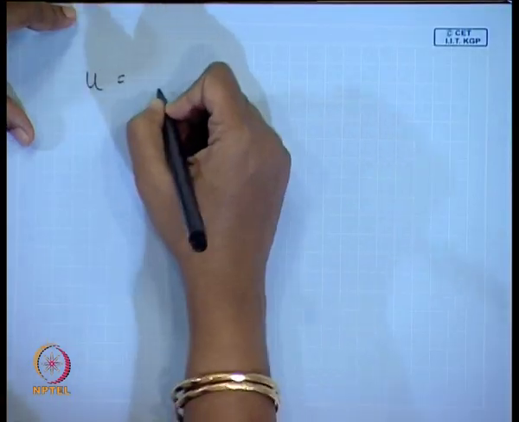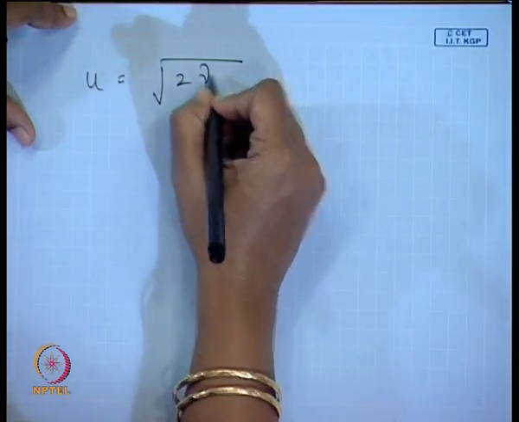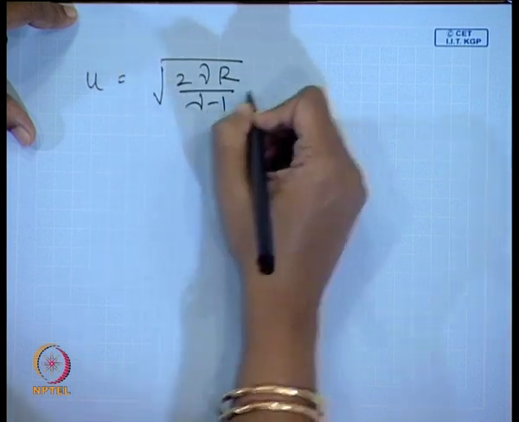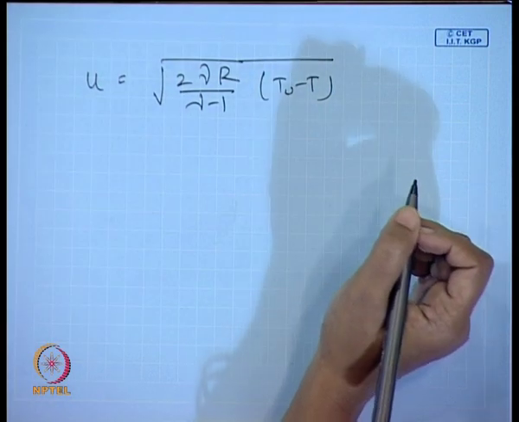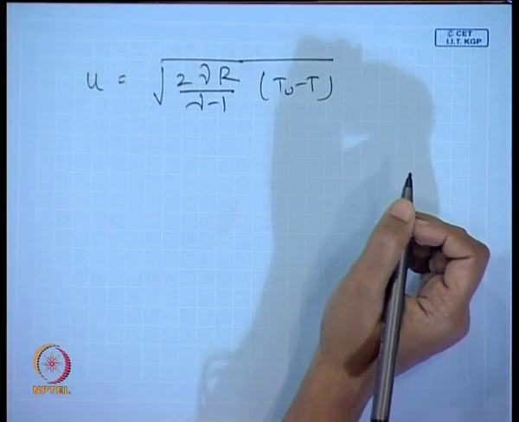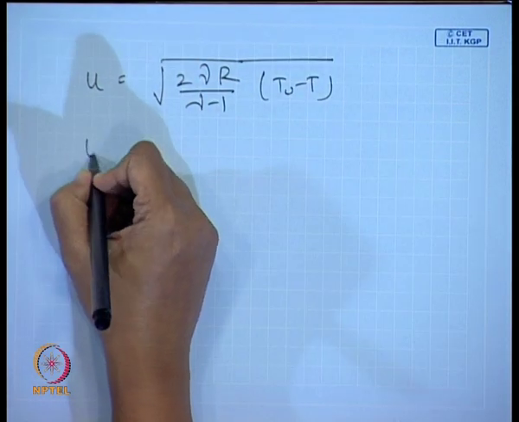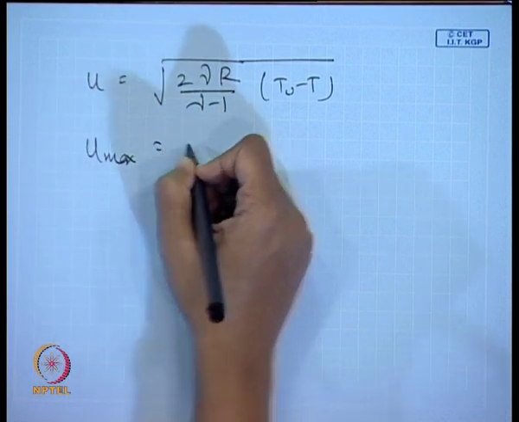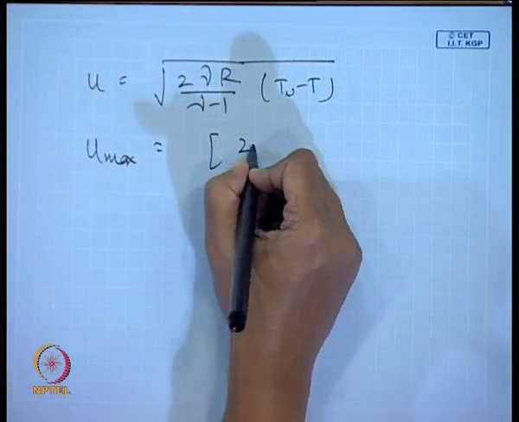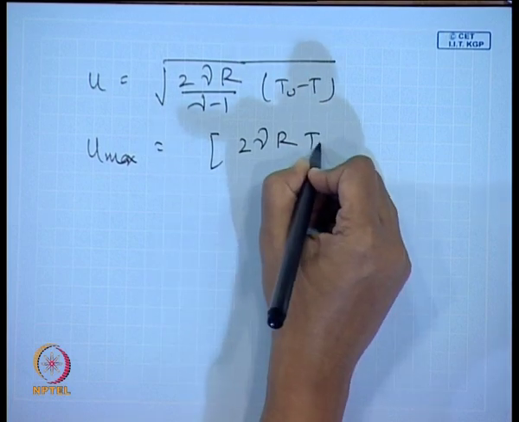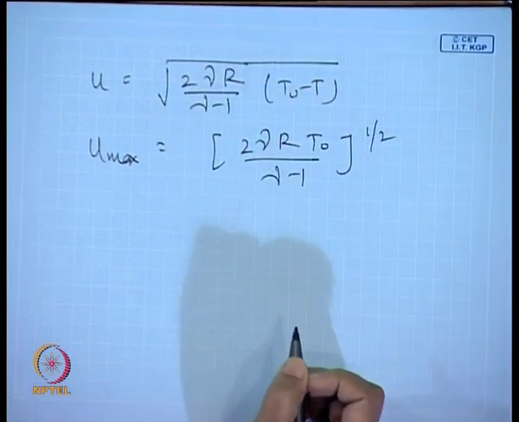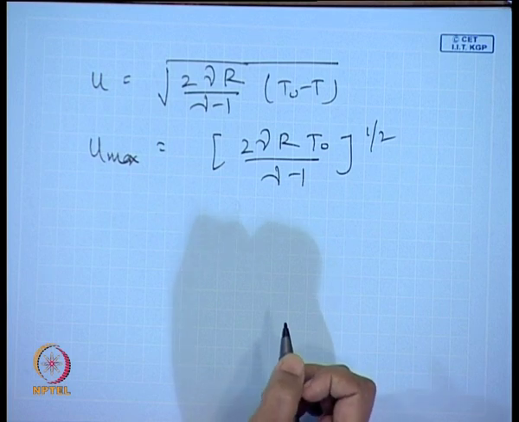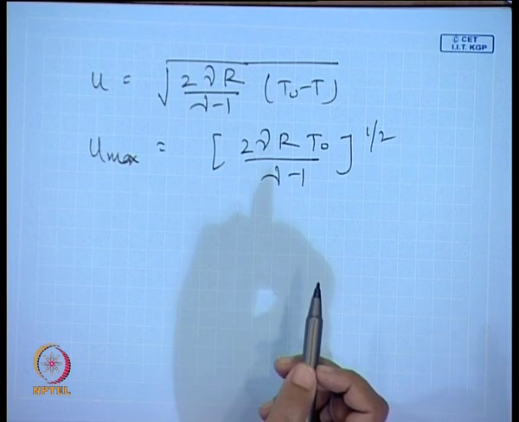And therefore we can write the velocity as root of 2 gamma R by gamma minus 1 into (T0 minus T), which gives you u max, the maximum velocity. It is nothing but equal to 2 gamma R T0 by gamma minus 1, whole to the power half. Can we write this, yes or no?